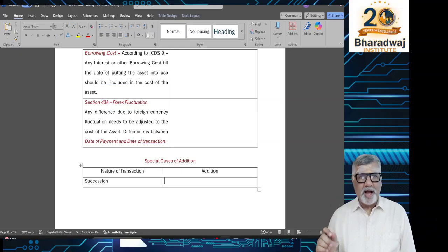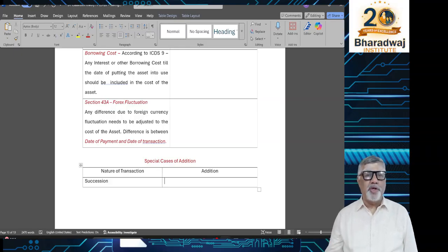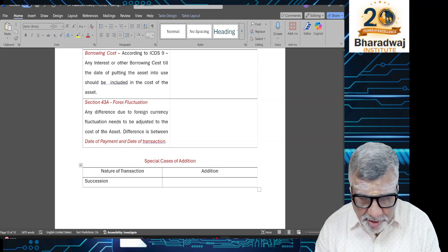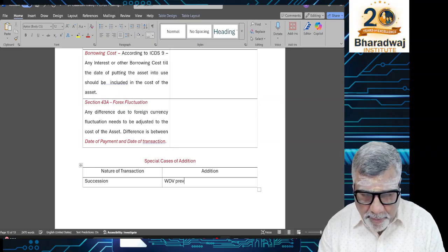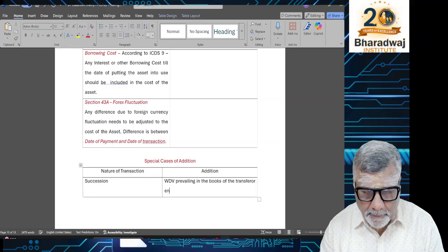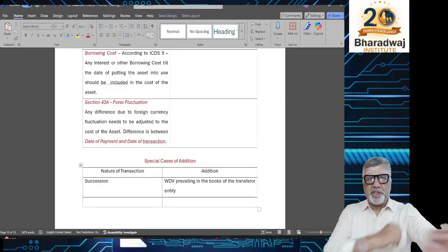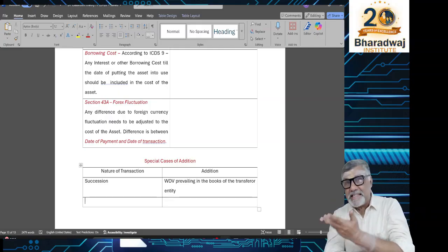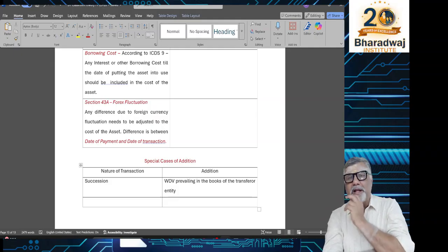What is succession? Amalgamation, demerger, conversion. Conversion is also further divided into partnership to company, company to LLP, sole proprietor to a company. In all succession, the cost of addition to be recorded in the books of the transferee entity will be WDV prevailing in the books of transferor entity.